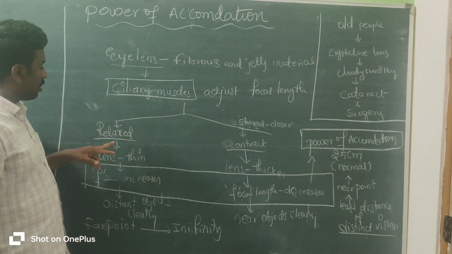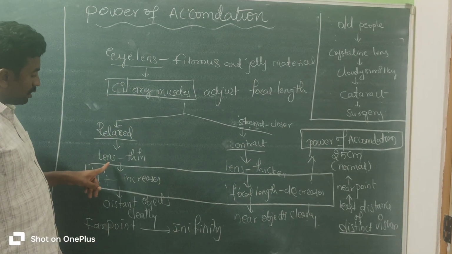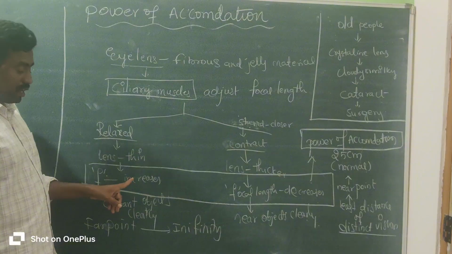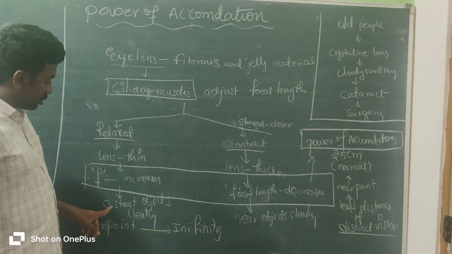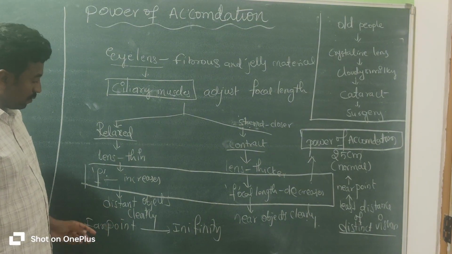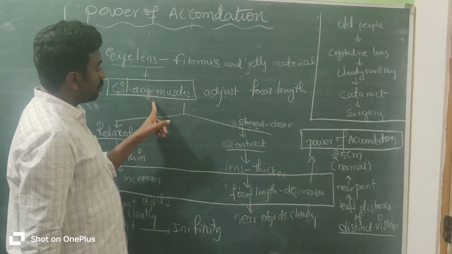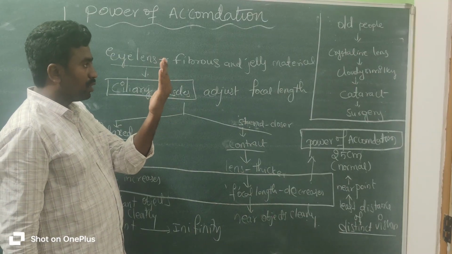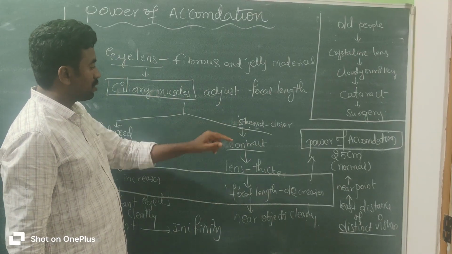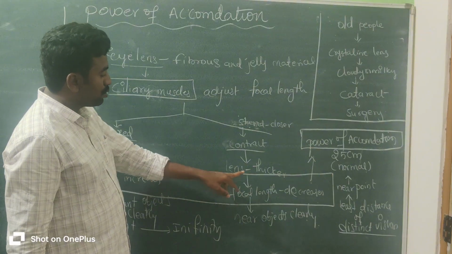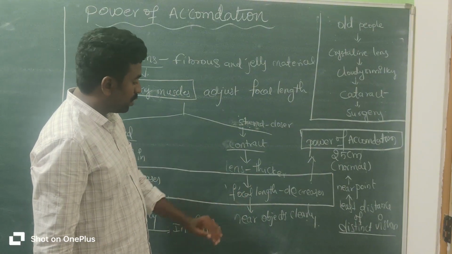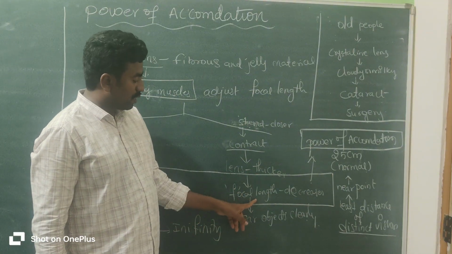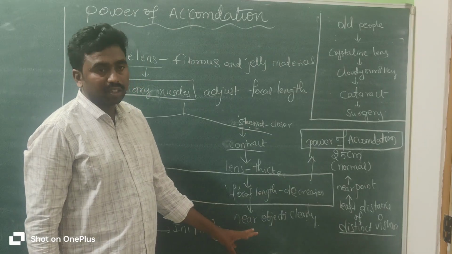When ciliary muscles are relaxed, the lens becomes thin, and focal length increases. So we are able to see distant objects clearly. Suppose ciliary muscles are stressed, when you bring an object very close to the eye. So the lens becomes thicker, focal length decreases. If focal length decreases, we are able to see near objects clearly.